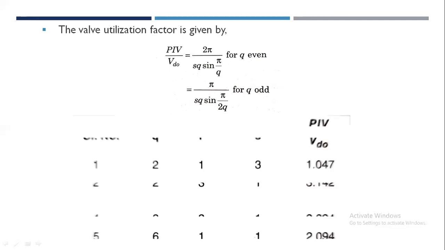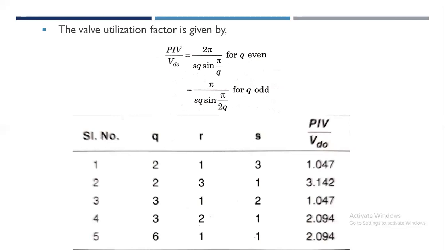Then this table shows the valve utilization factor for different 6 pulse converter configurations. The best valve utilization is obtained for configurations 1 and 3. You can observe here, the first one is with Q equal to 2, R equal to 1 and S equal to 3.